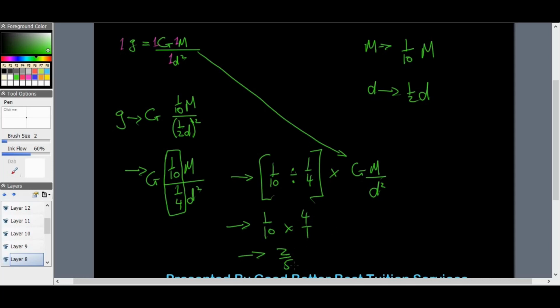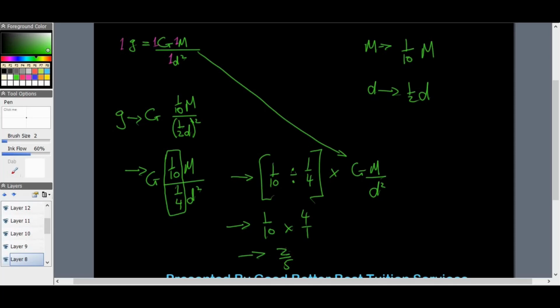So my factor is 2/5. So basically, if I take 2/5 times the gravitational acceleration that I got in my first answer, it'll tell me if it's going to increase or decrease. But basically, the gravitational acceleration will decrease by 2/5.